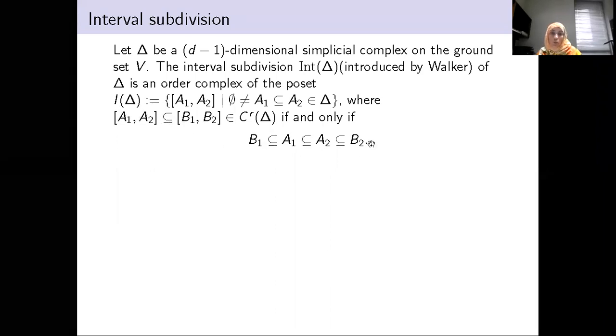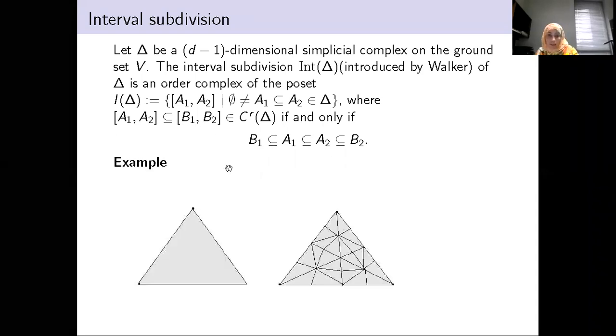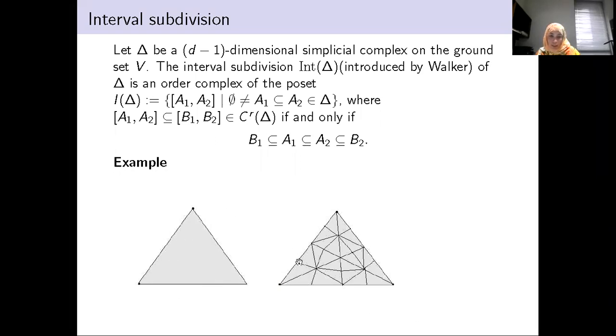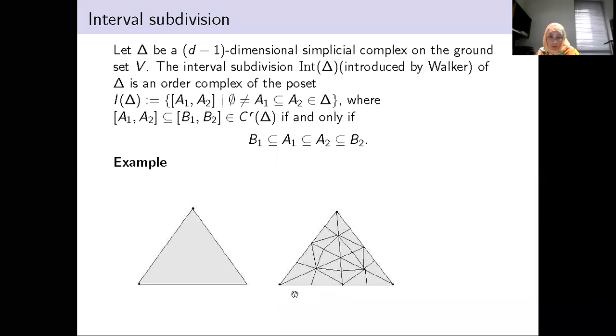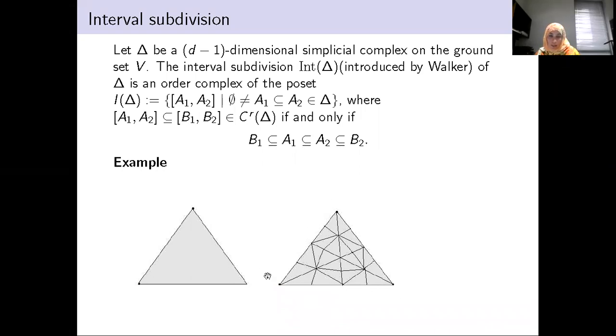It's just the inclusion of these nested intervals, right? And let's see this example. If you have this two-simplex, you just take the interval subdivision of this one. You are just considering here, if this is 1, here is 11, this is 2, 22, 3, 33, and here is 13, and so on.